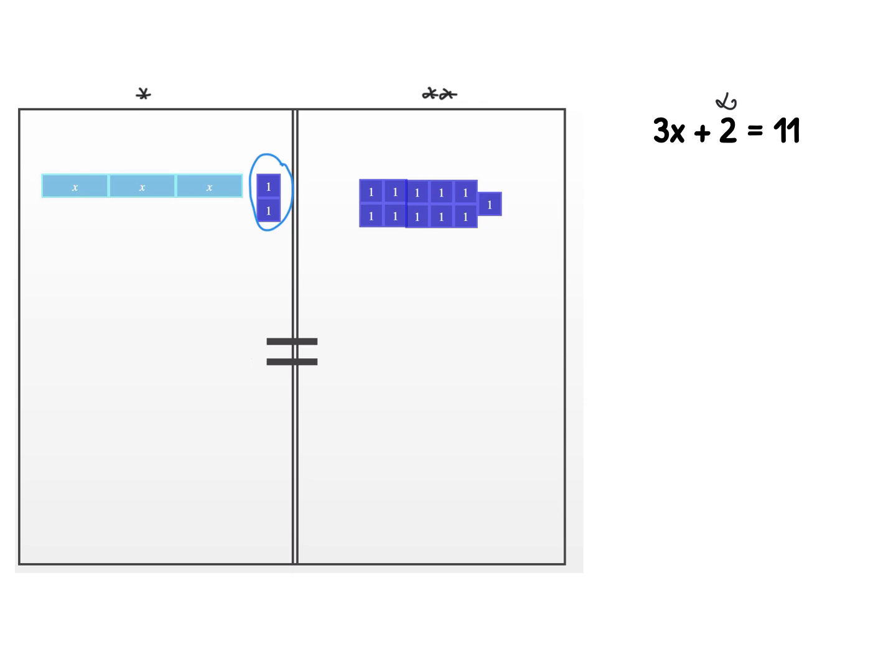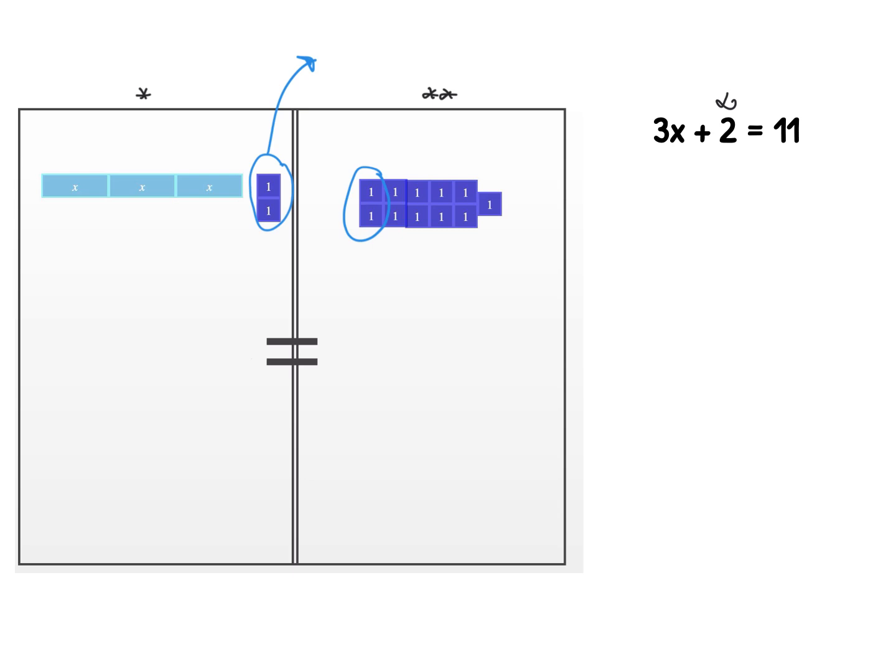Well, how do we remove a tile? We remove a tile a couple of ways, by a balanced set or by making zeros. So let's think of the idea of a balanced set. If I have these two tiles here and I have these two tiles here, again, I'm using blue, I can take both of those away using the idea of a balanced set.